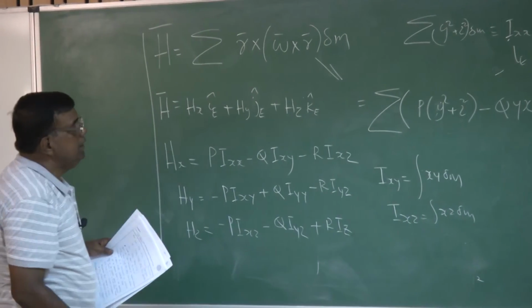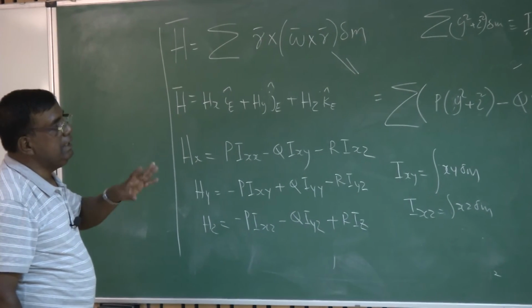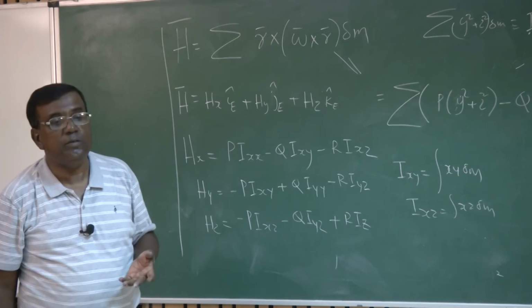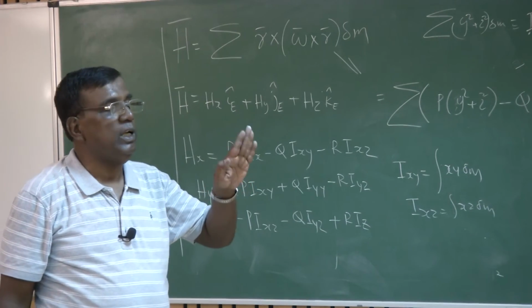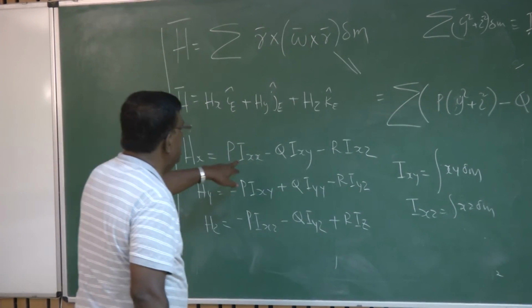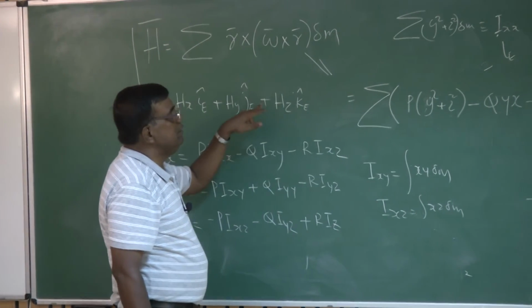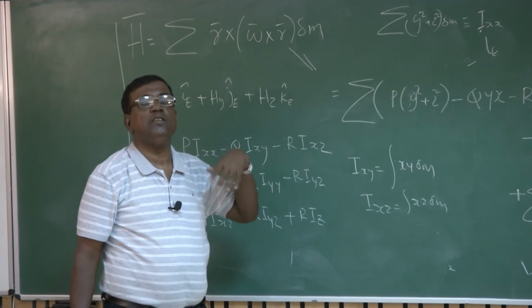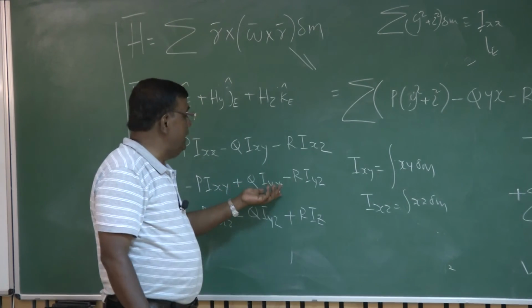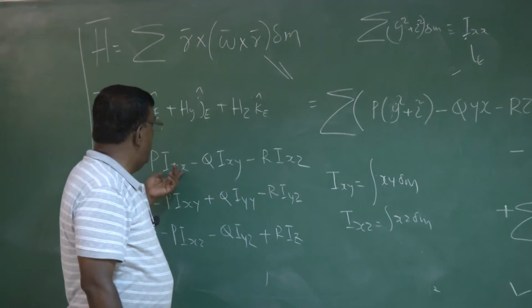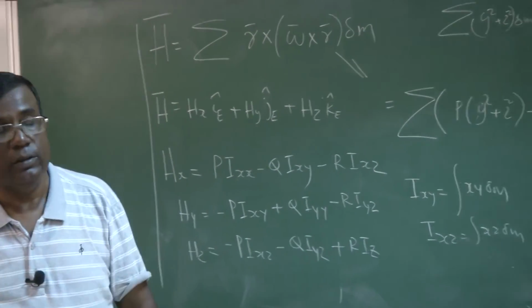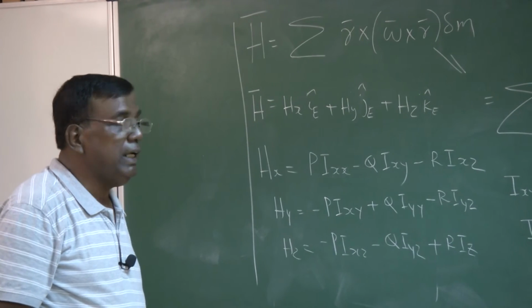Only thing is that we have initially realized that if I operate with respect to the inertial frame, then as the airplane rotates, the moments of inertia will go on changing, because with rotation the distance of the delta m from the x, y, z axes will also vary. So Ixx, Iyy, Ixy, Ixz, all of these will go on changing as the airplane rotates. That will make things complicated.